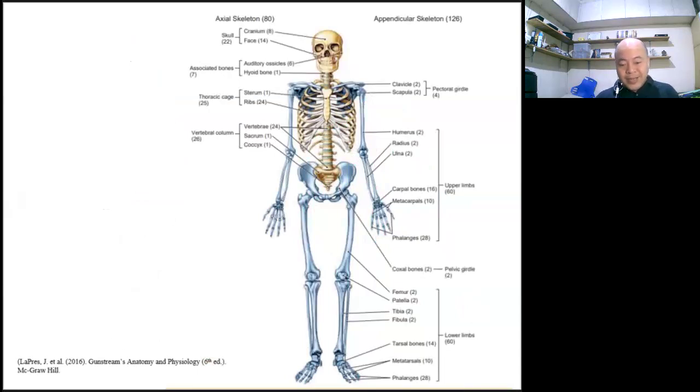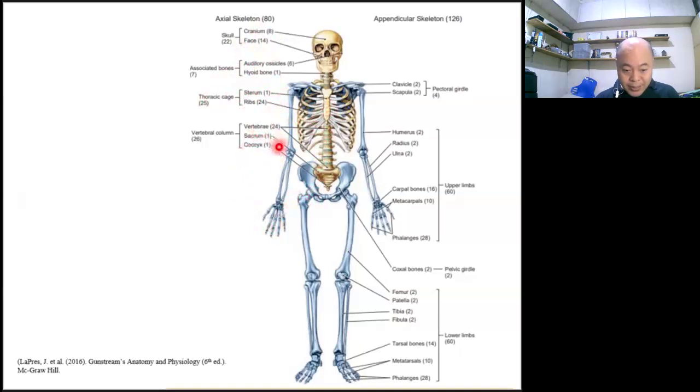So this is another diagram which has more parts identified. On the left-hand side, we have the axial skeleton composed of the skull and, the diagram is too small, the thoracic cage and vertebral column.